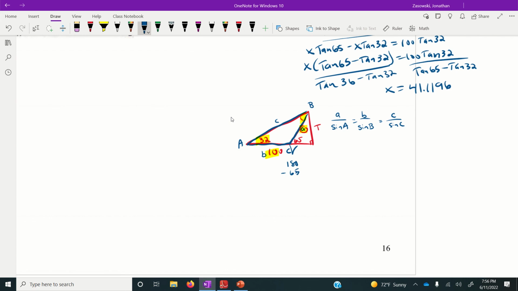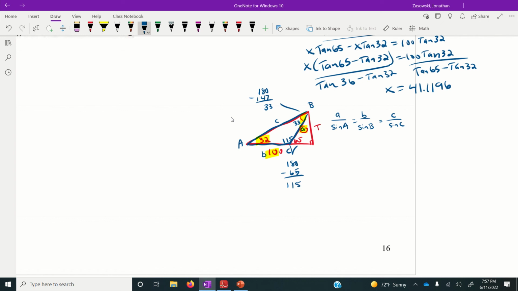It has to equal 180 with the 65. So this is going to be 115, which means angle B, if I add it to 32 and 115, is going to give us 147. So 180 minus 147 is going to equal 33 degrees. That's the measure of this. Also 33 plus 32 is 65. That's our exterior angle theorem.